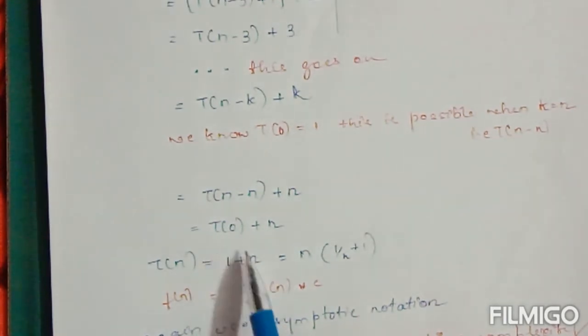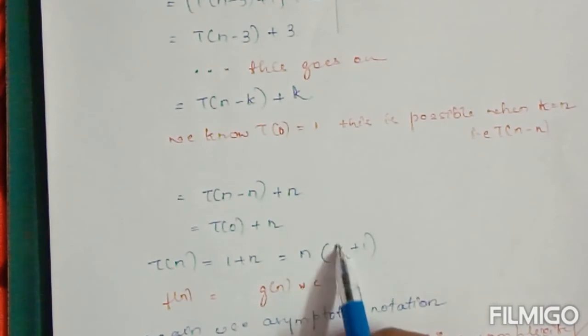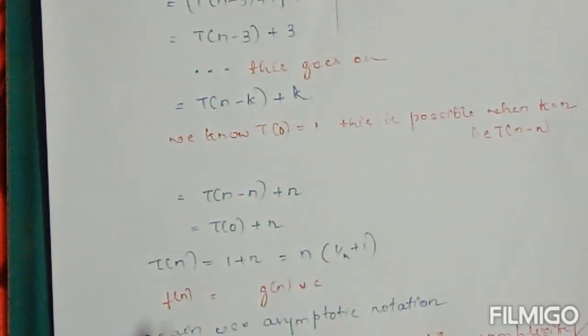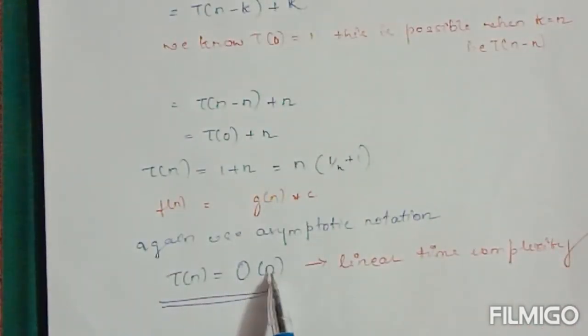So again, I want to write it in the multiplicative form of a function. So I will take n out. It will become 1 by n plus 1. So this is again of the form f of n equal to g of n into some constant c. So again, I will tell t of n is big O of n.